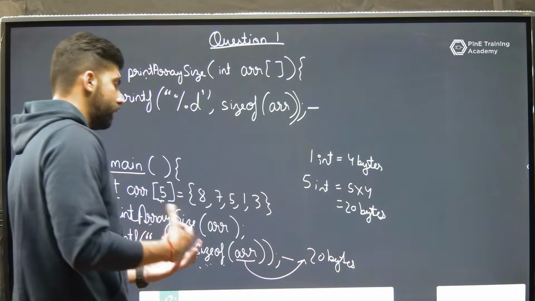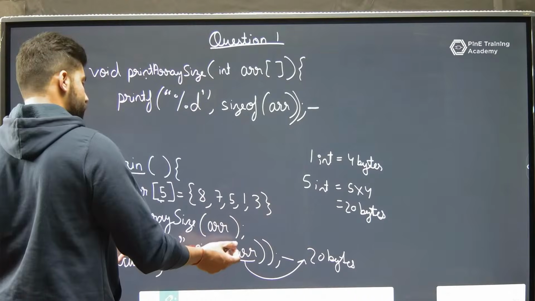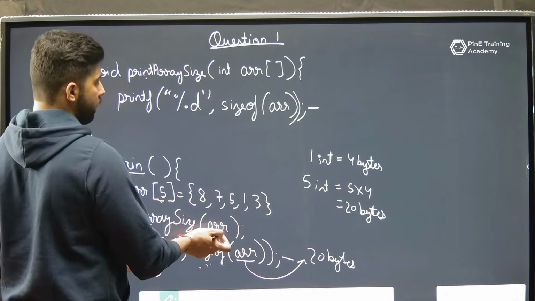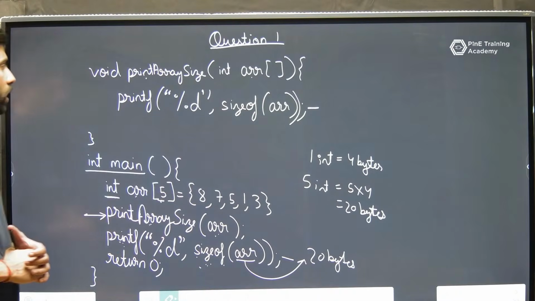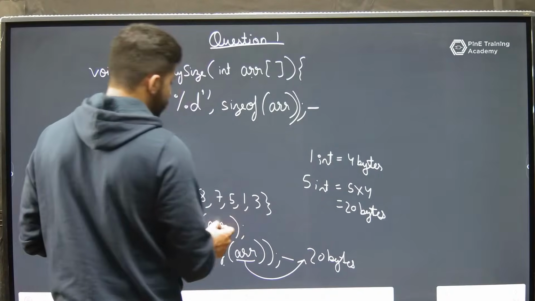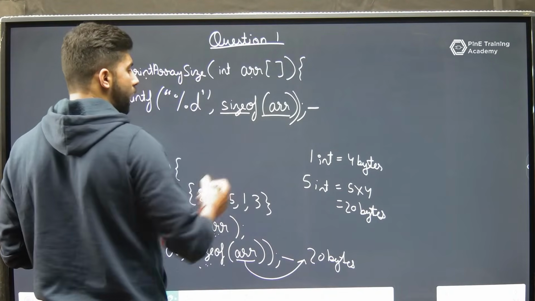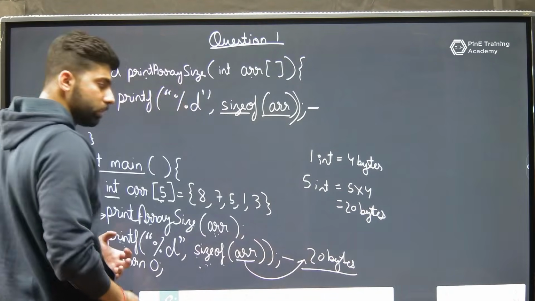Now, many students think that if the array has 5 elements and we are passing that array to this function, then this sizeof will also give 20 bytes, right?